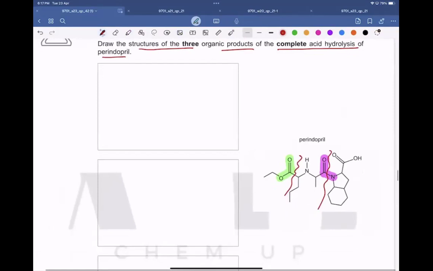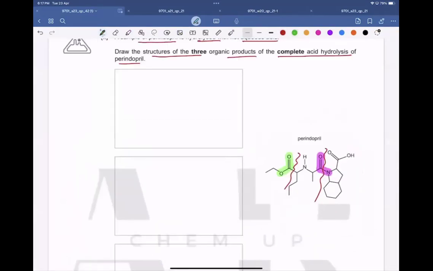Now if you have this structure over here, it's very easy for you to draw the products. When it breaks from here, we will get this thing. The center one, if you see, is this thing. Now these are not the complete products, right?